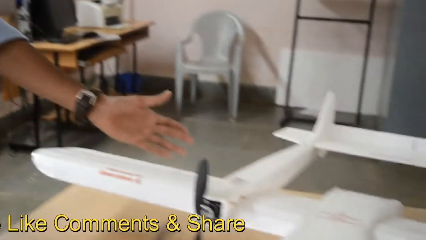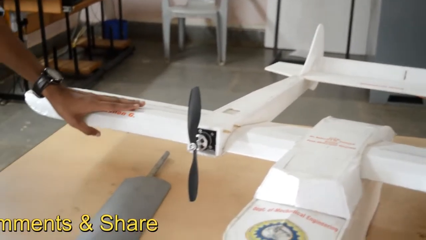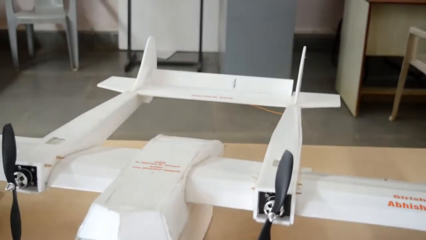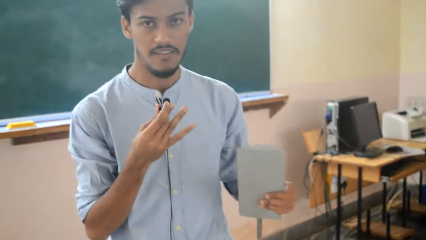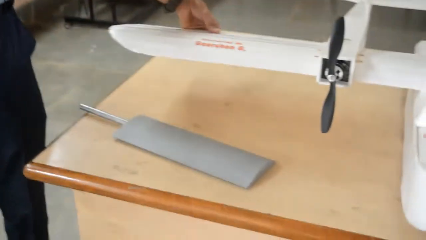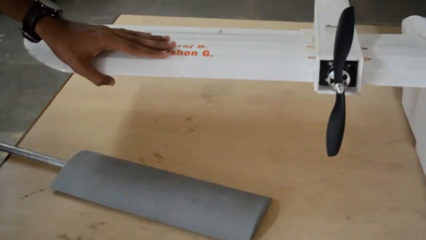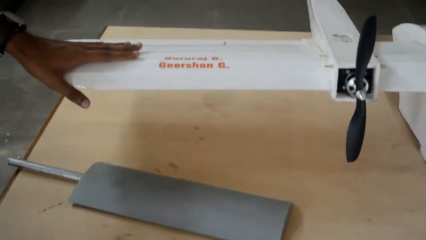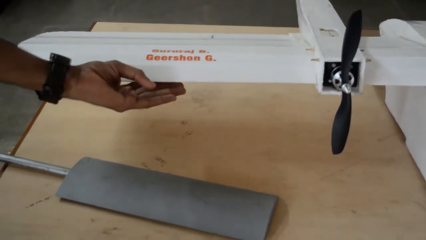There are 4 forces acting on this. The first is lift, then thrust and drag, and the last one is weight. This is the prototype aerofoil. As you can see here, this is the upper surface and this is the lower surface.